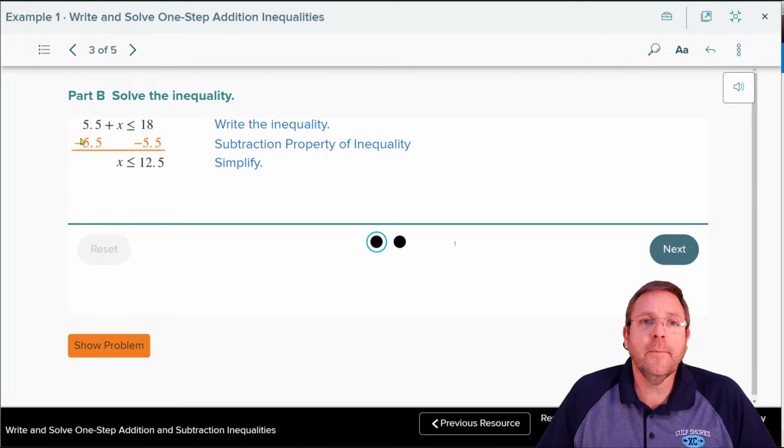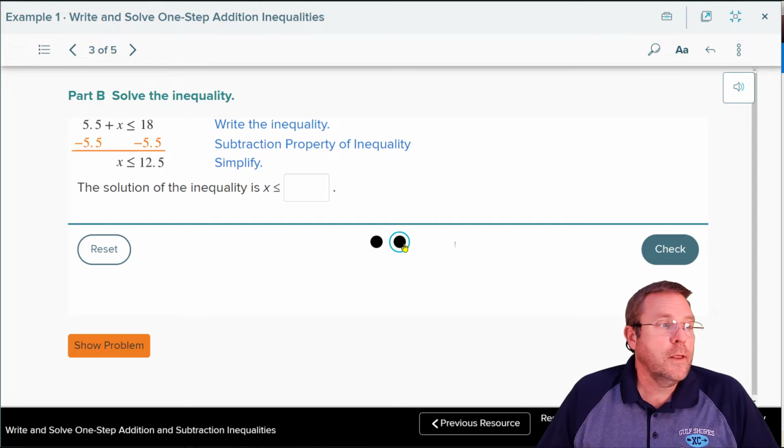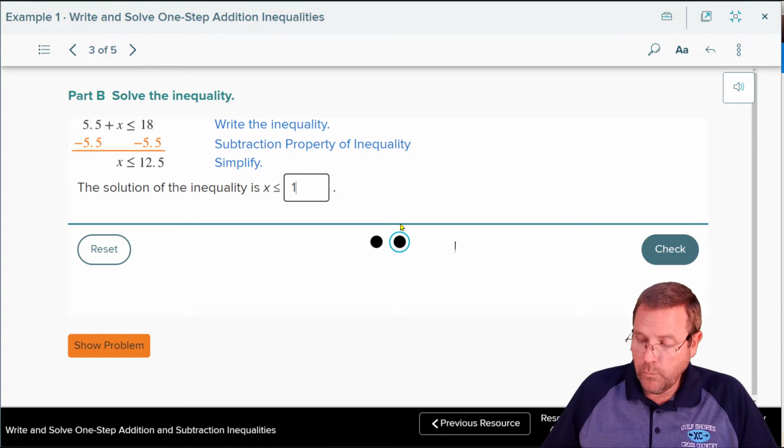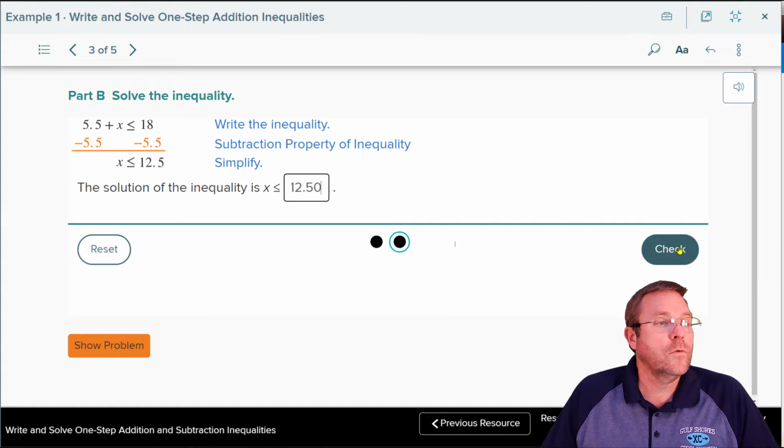We're going to undo that by subtracting 5.5 on both sides. There's 0 on the left, leaving x is less than or equal to $12.50. So that means he has less than or equal to $12.50 that he can spend on the go-kart ride, or on the game, excuse me.